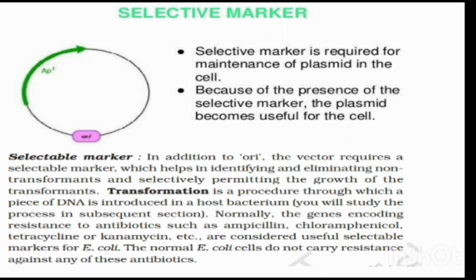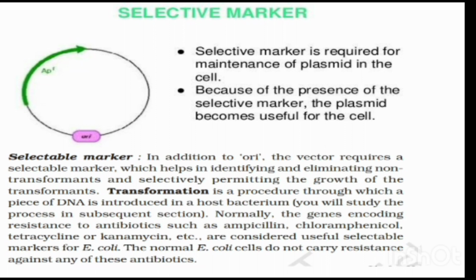When I say transformants, I mean those which have my gene of interest in the plasmid. Those which do not have it are the non-transformants, and the marker selectively permits the growth of transformants. So I can always differentiate the transformants from the non-transformants.